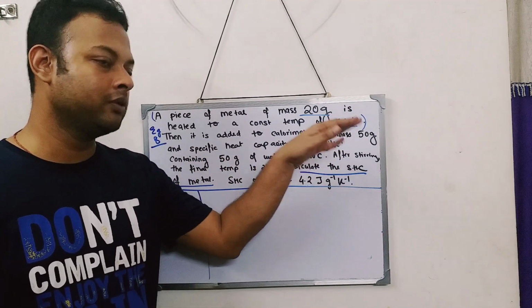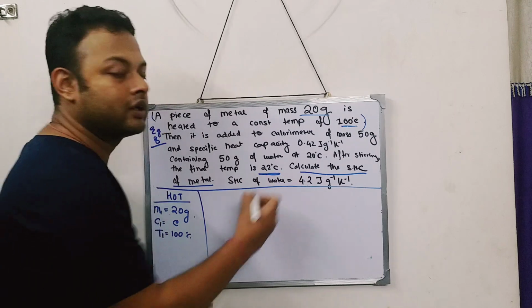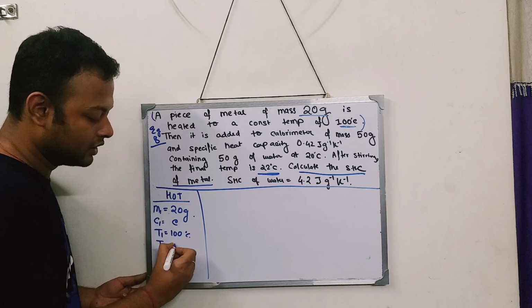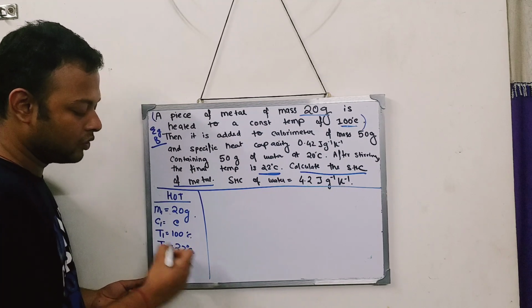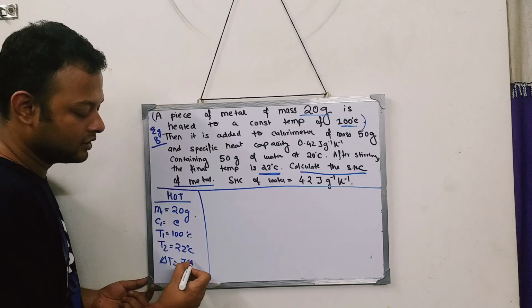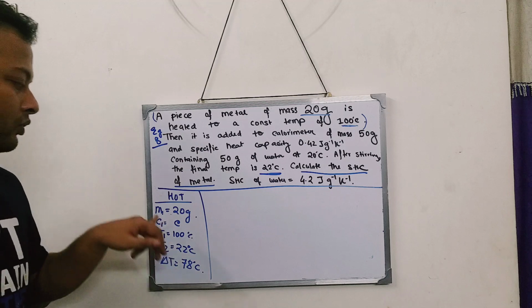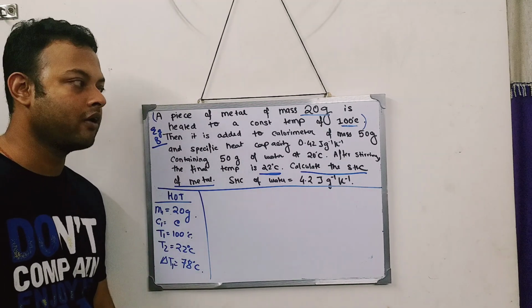So the hot body will become cold, and the final temperature of the mixture is 22. So this is my initial temperature, and the final temperature is 22 degrees centigrade. So delta T is equal to how much? 78 degrees centigrade. So for the hot body, I happen to calculate the m, c and delta T1 values.